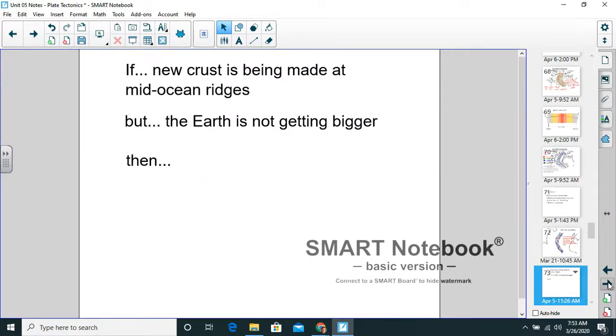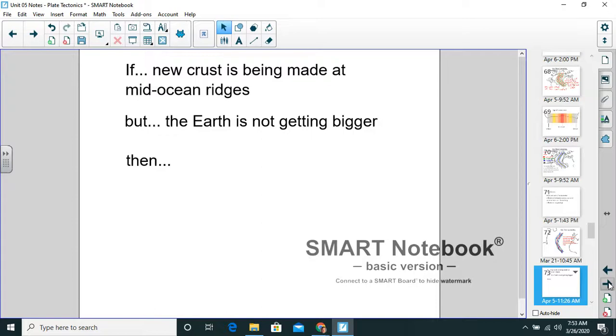Now, think about this. If new crust is being made at mid-ocean ridges, but the Earth isn't getting any bigger, I'm deliberately pausing. I'm hoping that you're thinking about this. If new crust is being made, but the Earth isn't getting bigger, what else has to be happening?